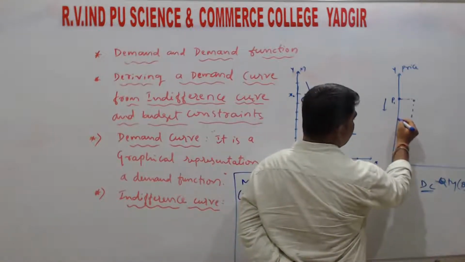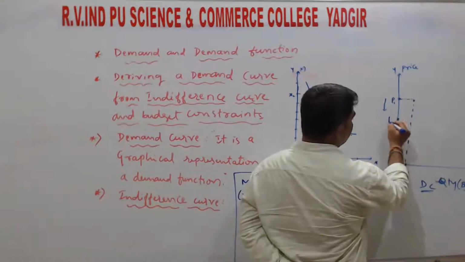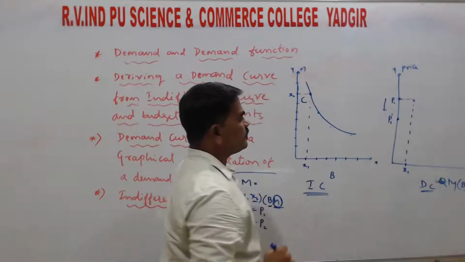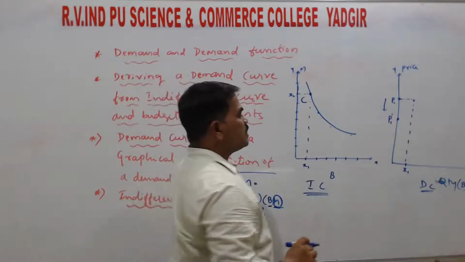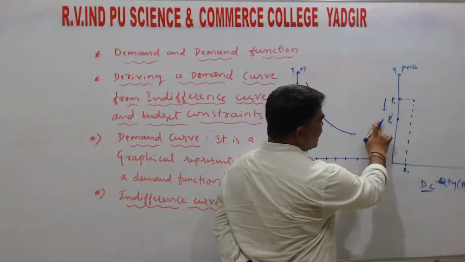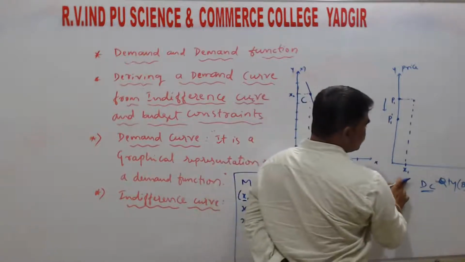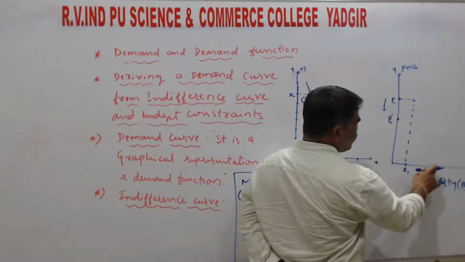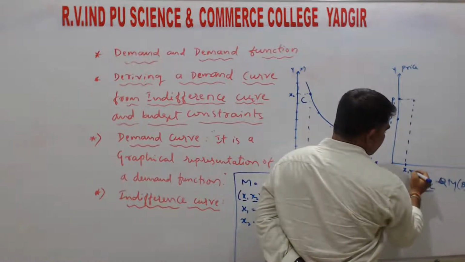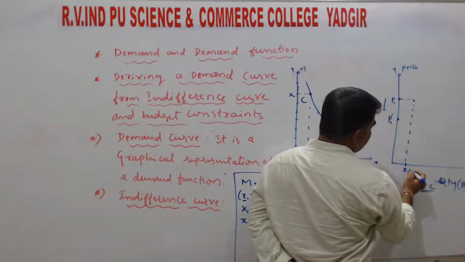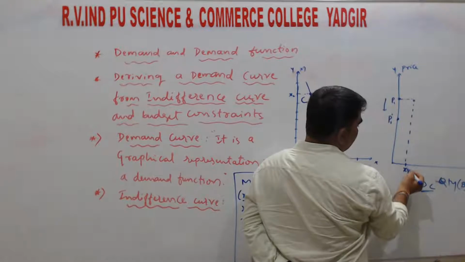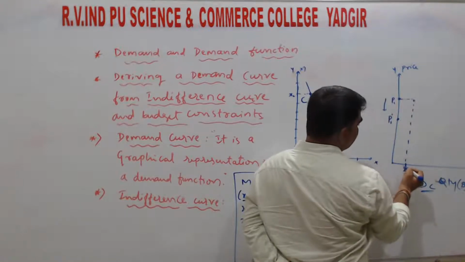Now I will reduce the price of the banana from P1. This is now our new price. Correct? So when there is a reduction in the price of the banana, the consumer obviously will go for an extra quantity of bananas. At the earlier price, the banana quantity is this one. He was buying this quantity.